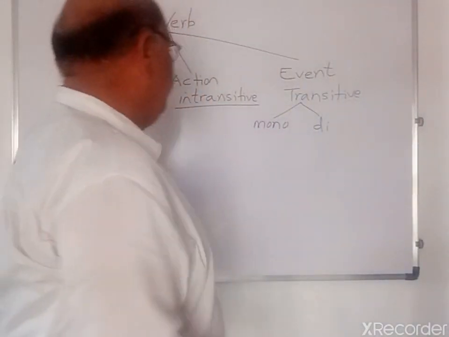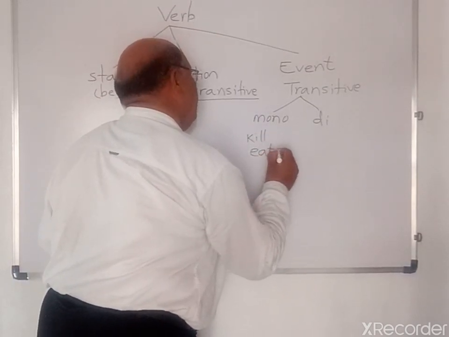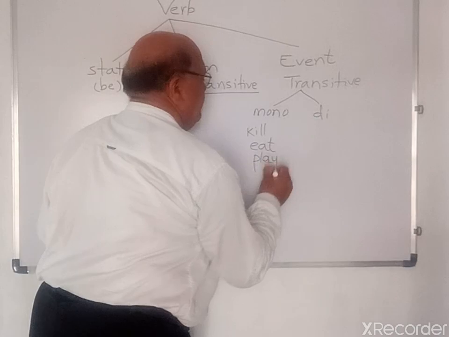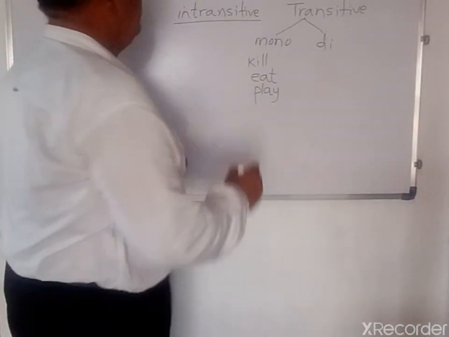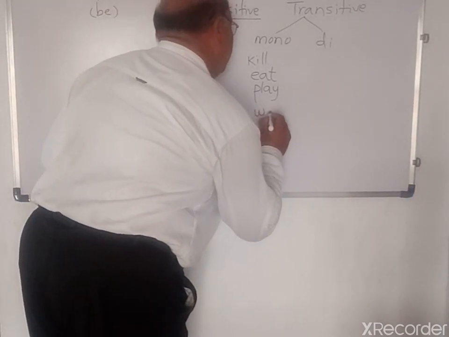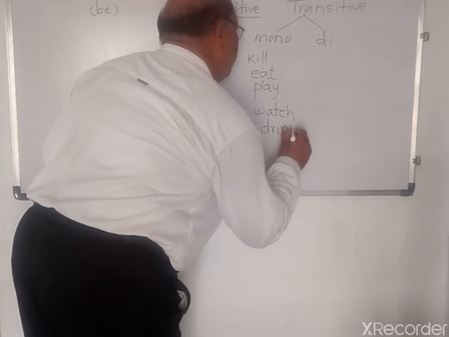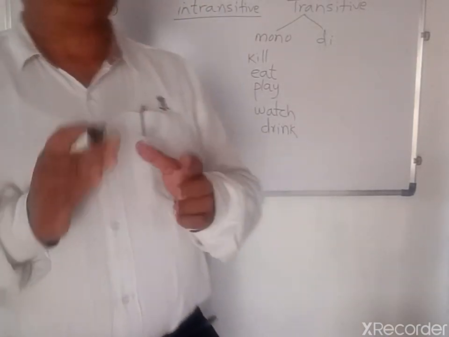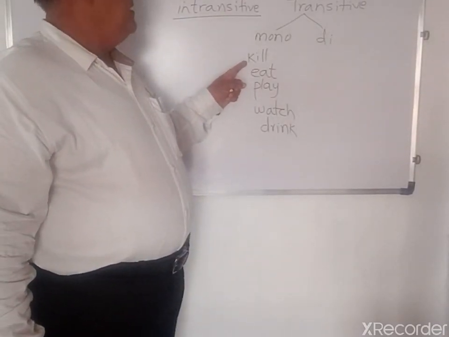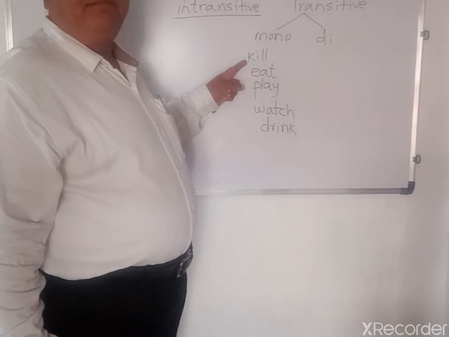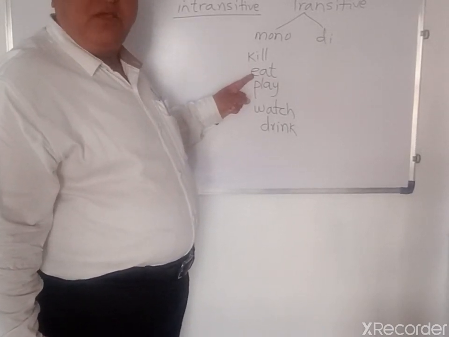Mono means it takes only one object with it. Similarly, kill, eat, play, watch, drink. They take only one object with it. A snake killed a man. I eat mango.